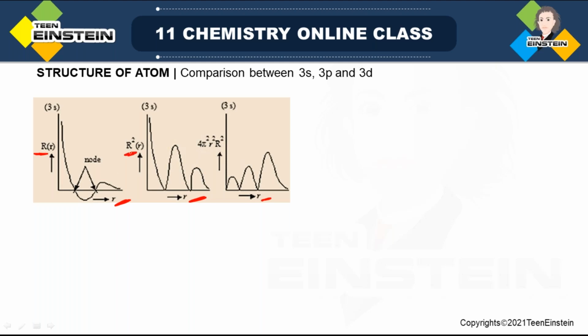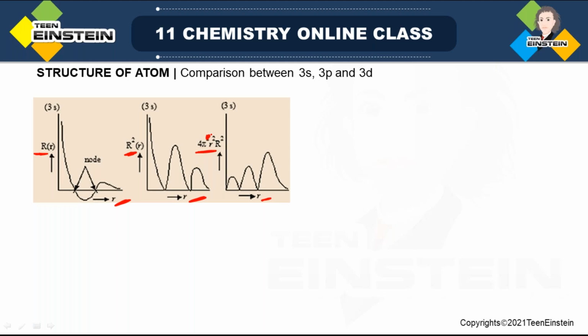Then if you take the square of it, which basically we call radial probability density, fine. And when R square is multiplied by the volume element, which is 4 pi r square, then it is radial probability.